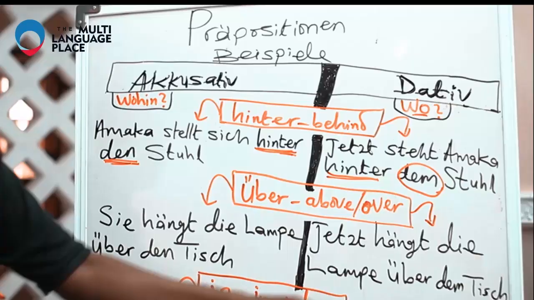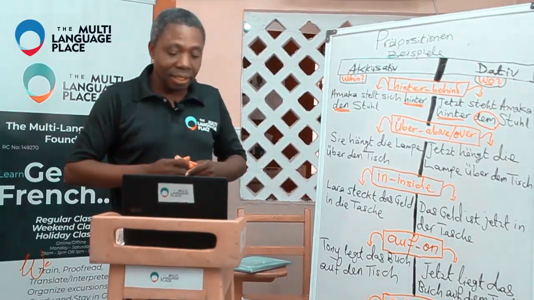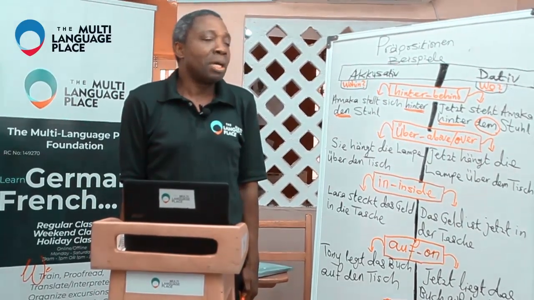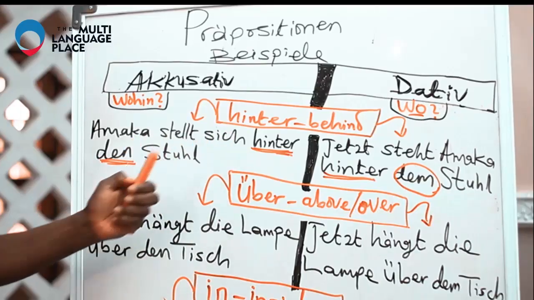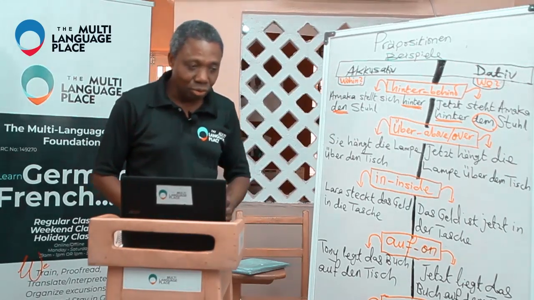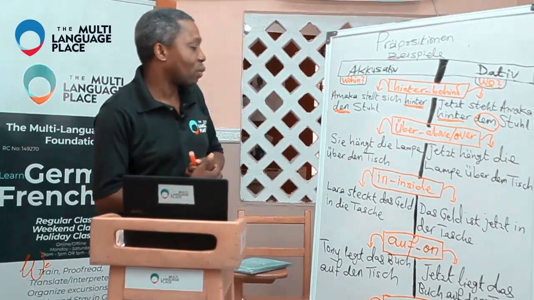Dative singular, because this one is masculine. So we have jetzt steht Amaka hinter dem Stuhl. Okay? And this one, Amaka stellt sich hinter, there's a movement, Amaka is going to stand behind a chair. Let's go to the second one.